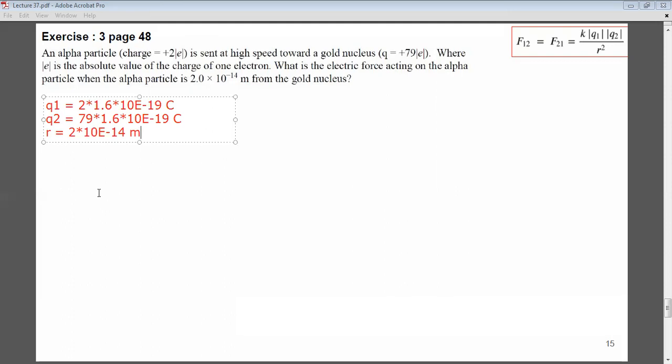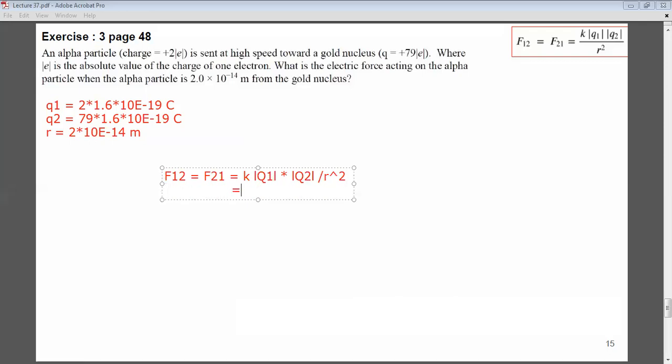So similarly, what is the electric force acting on the alpha particle? F12 equals F21 equals K, the absolute value of Q1 times the absolute value of Q2, divided by r squared.